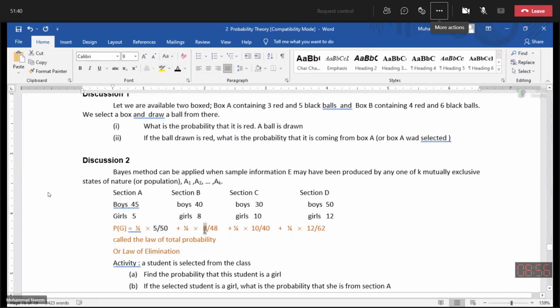If she is from section B, the probability is 8 by 48. If she is from section C, the probability is 10 by 40. And if she is from section D, the probability is 12 by 62.